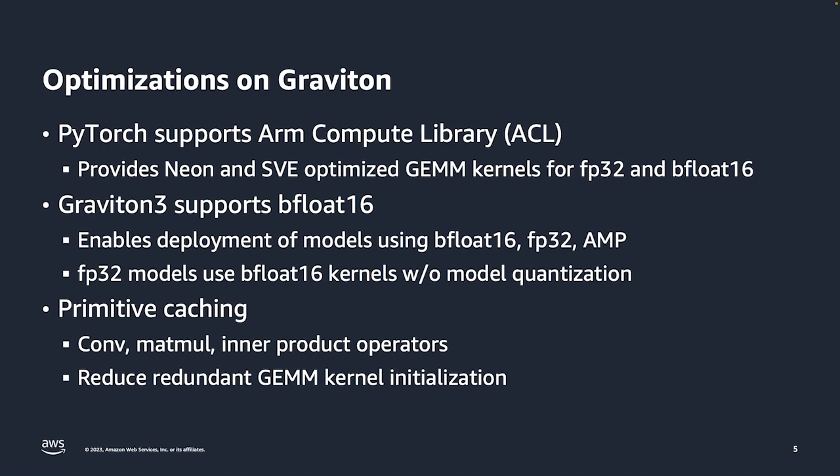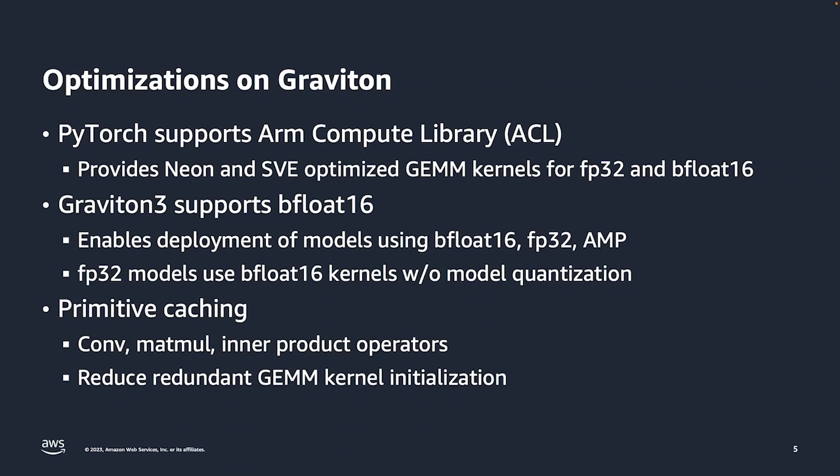So a combination of this with Graviton 3's new feature for supporting bfloat16 gives us a really nice pairing to get this performance increase. So Graviton 3 now allows us to enable deployments for models using bfloat16, FP32, and automatic mixed precision models. Additionally, FP32 models leverage the bfloat16 kernels through oneDNN fast math mode.